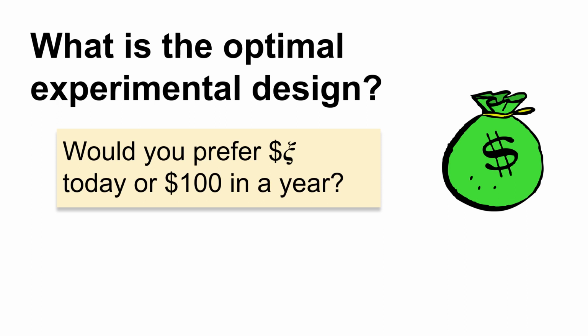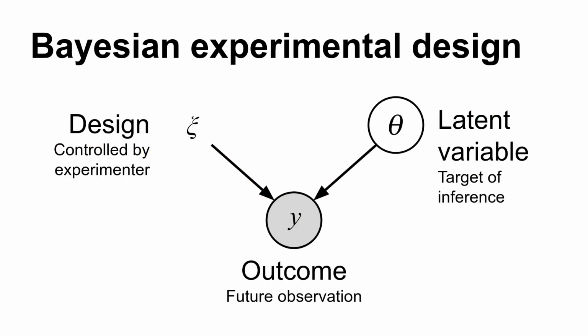To say what we really mean by informative, efficient, etc., we're going to bring in some statistical framework, and I'm going to start with a Bayesian model for the experiment. In this Bayesian model, we have this latent variable theta, and that's our target of inference. It's the thing we're trying to find out about. It's some sort of model latent, and it's unknown to us at the start.